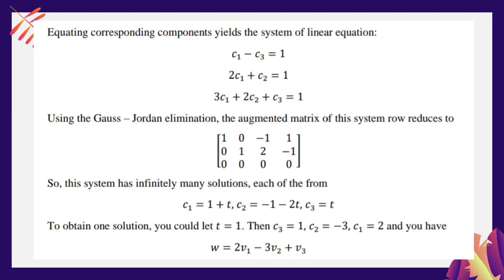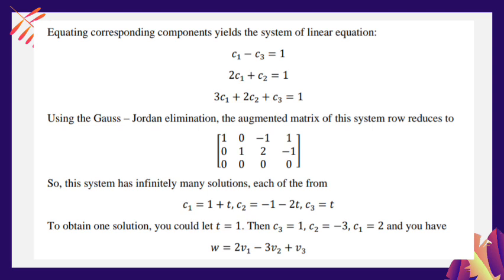So, this system has infinitely many solutions, each of the form c sub 1 equals 1 plus t, c sub 2 equals negative 1 minus 2t, c sub 3 equals t. And then, to obtain one solution, we could let t equals 1.